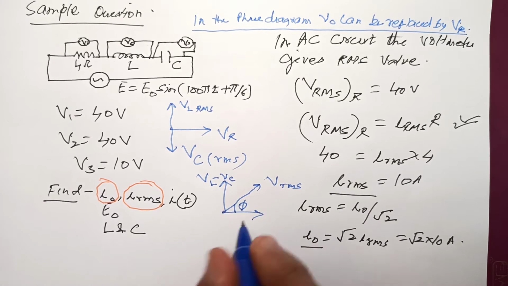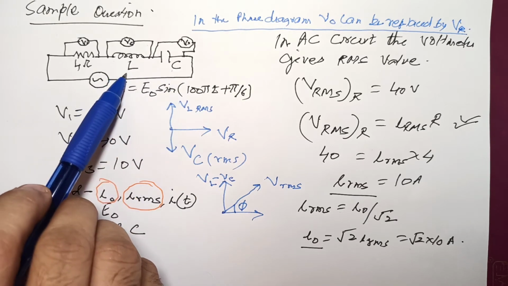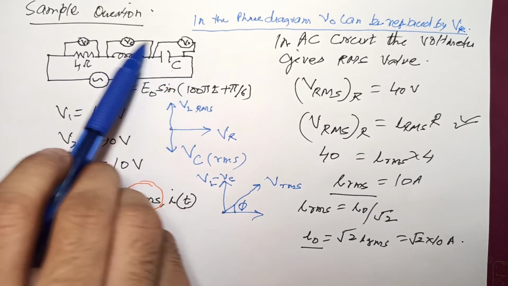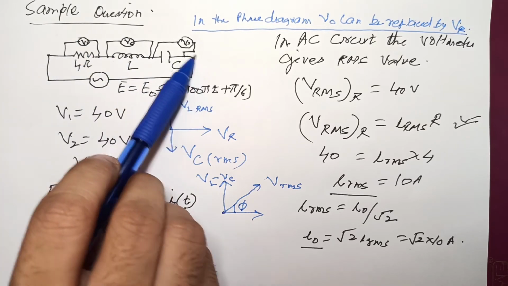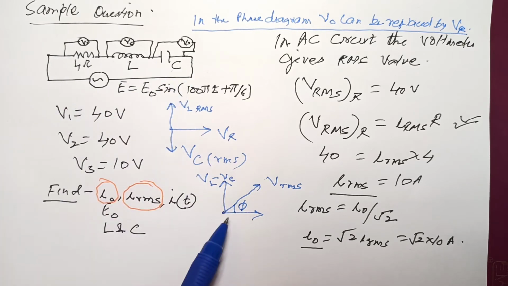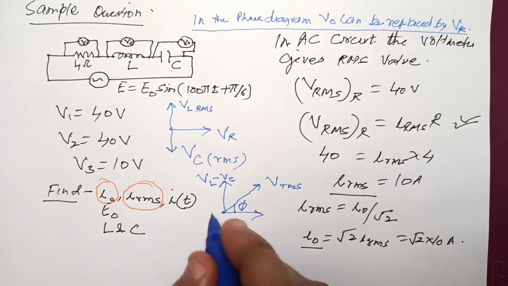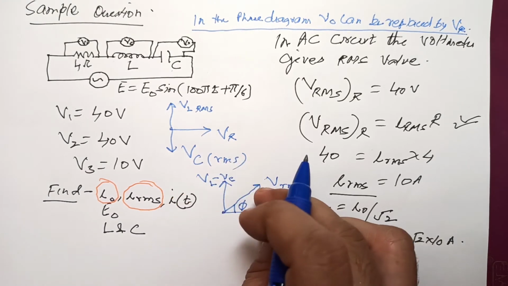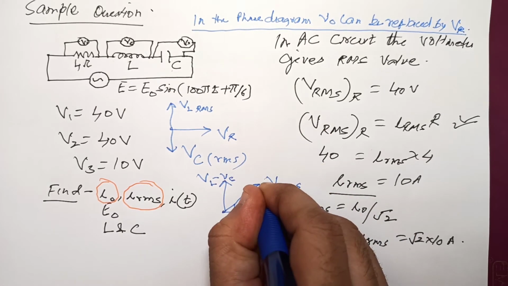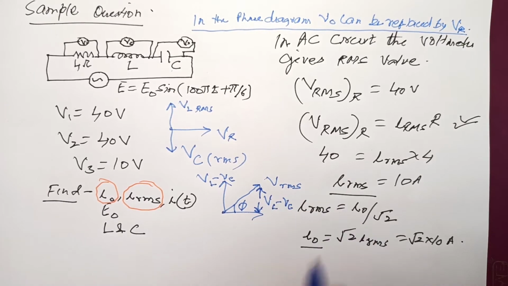Because capacitive reactance XC is less and XL is more, the whole circuit is more inductive. It has more inductive reactance. That is why we have drawn this figure wherein the current lags and voltage leads. In this case, this is XL minus XC, or this will be VL minus VC.